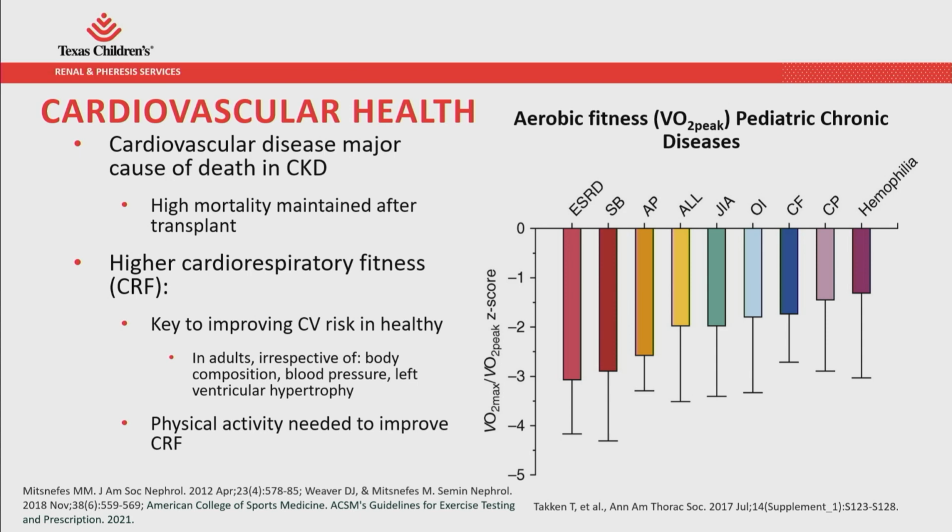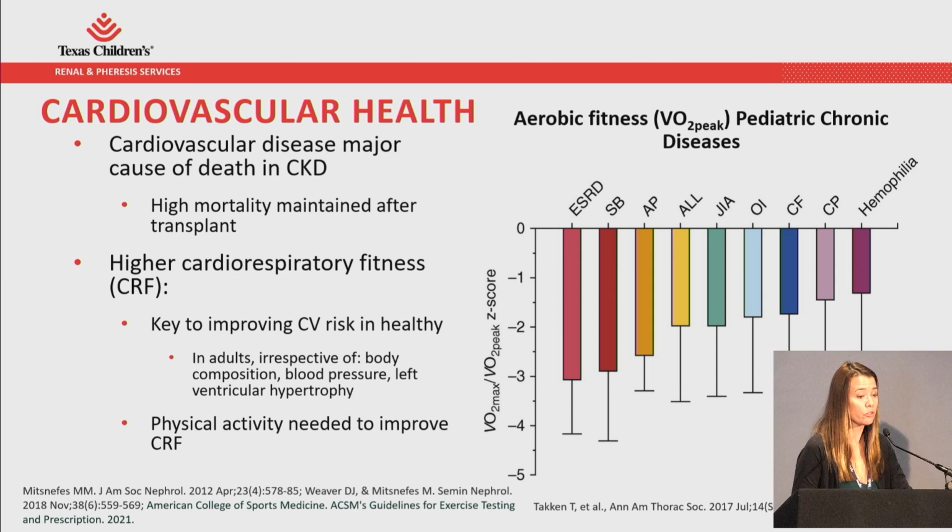This graphic on your left is basically a review of exercise testing in pediatrics with a variety of pediatric chronic diseases. They took a bunch of data and summarized them in various diseases. And I want you to see this one here is your ESRD population.